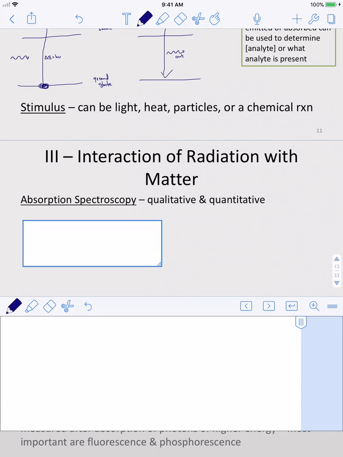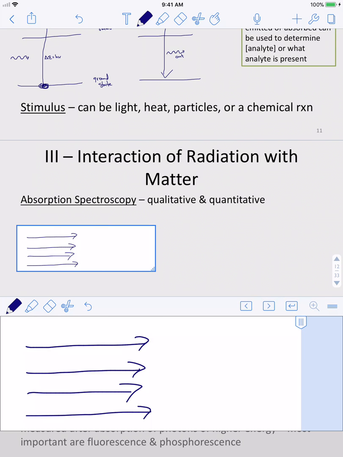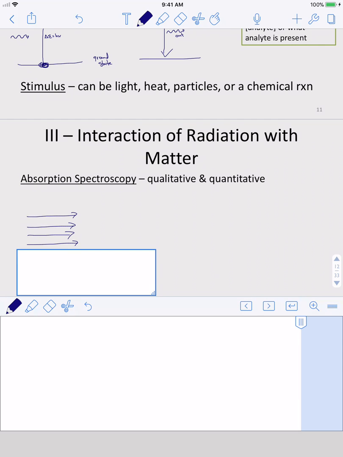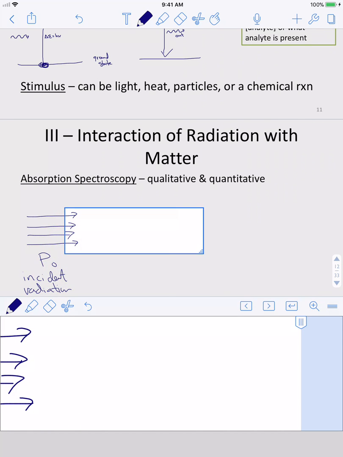Okay, and so in absorption, we have light that comes in. Okay, so we have some incident light that comes in. And we're going to give that a symbol of P0, so incident radiation. And then that light is going to come in contact with our sample.